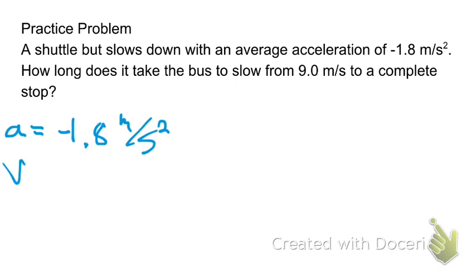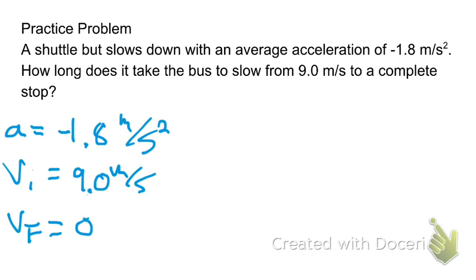Then we had a velocity initial of 9.0 meters per second, and we had a velocity final. They didn't put it in numbers for us, but they said complete stop, which means 0 meters per second. Okay? And then the variable they want us to solve for is change in time. How long is this going to take? So we do not know this variable.